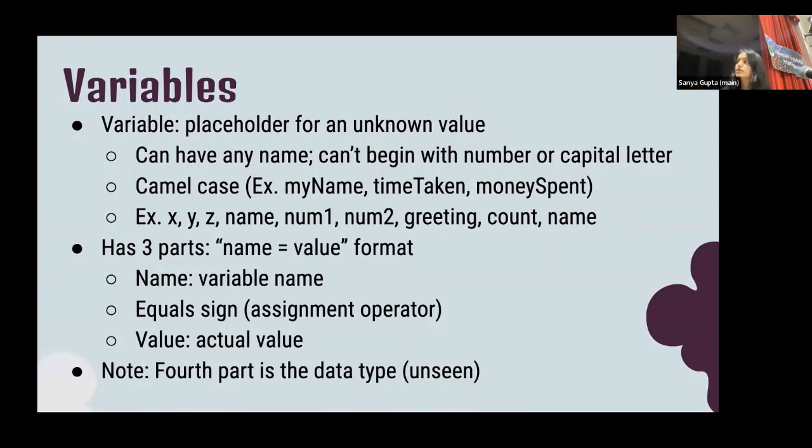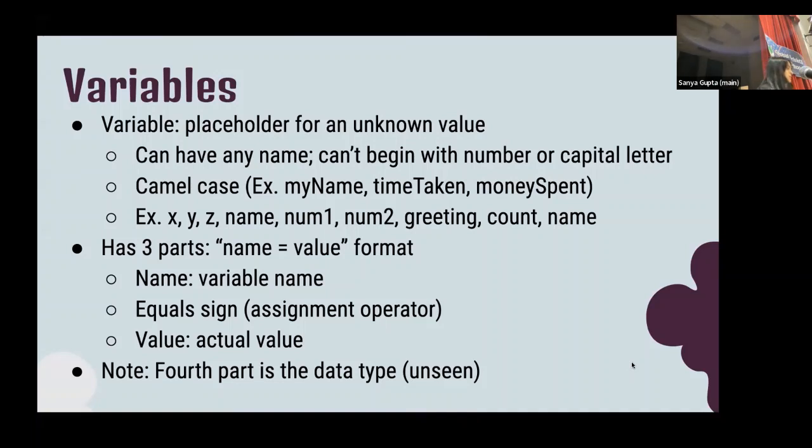There is a fourth part, but it's hidden in Python. You don't have to type it in when declaring variables, but it's called the data type. Data type is pretty self-explanatory. It defines the type of data stored inside the variable.